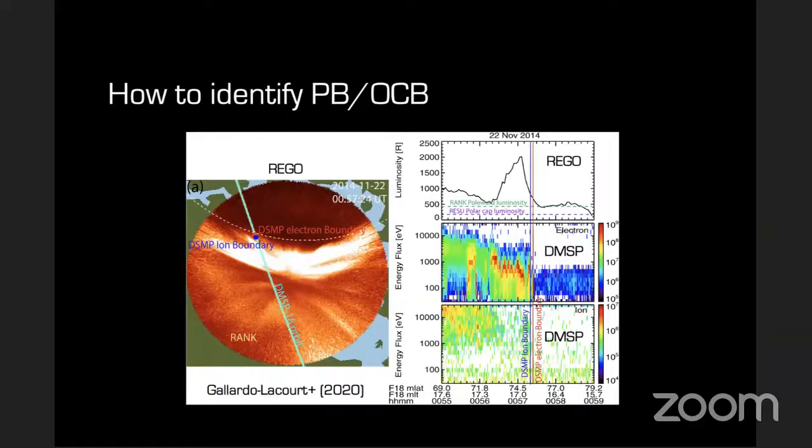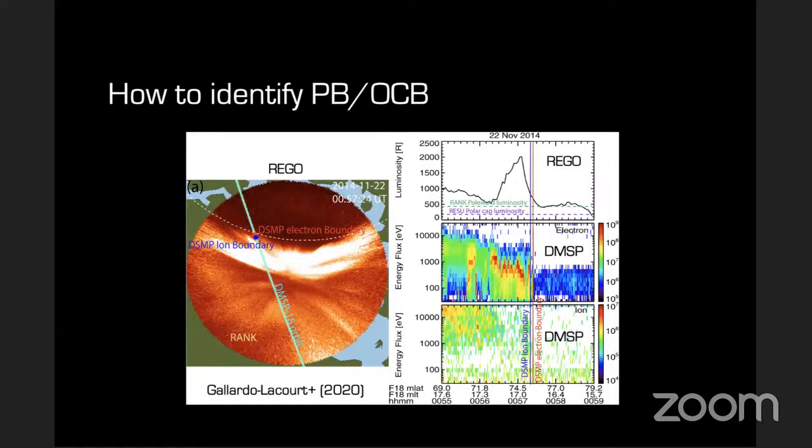What I'm showing here is one example of such an ideal combination of ASI and DMSP particle observation of the poleward boundary. This is a snapshot of ASI red line emission together with the DMSP orbit. The right panel shows the comparison between the latitudinal profile of red line emission along the DMSP orbit and energetic electron and ion observation from DMSP.